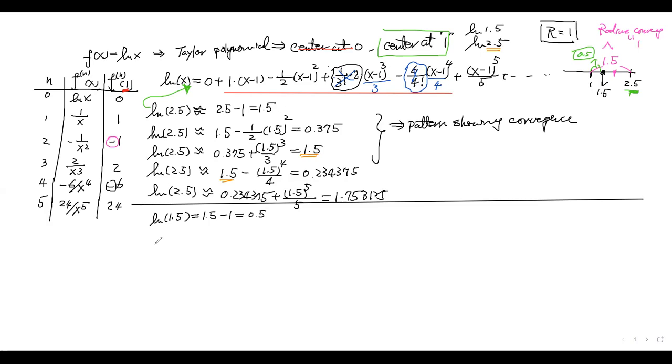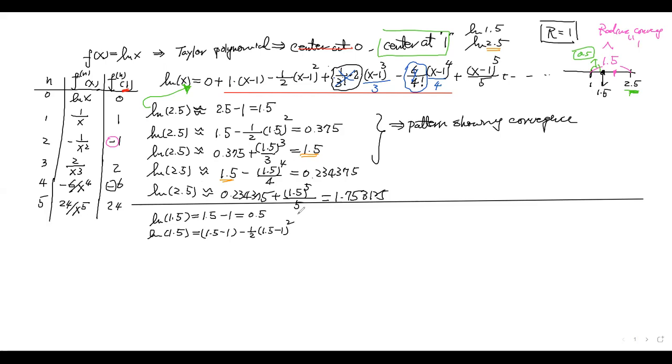Now the next term is minus 1/2 times 1.5 minus 1 squared.